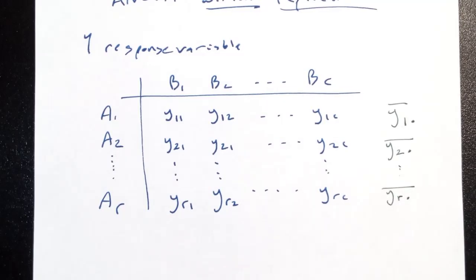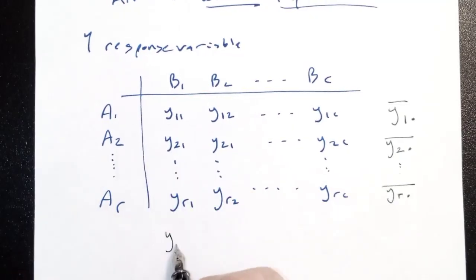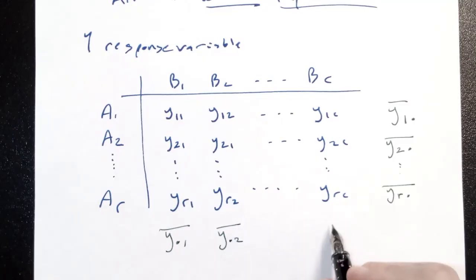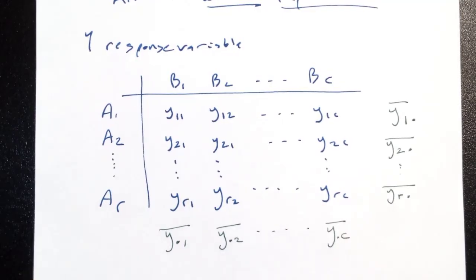If I go down the columns, I'm going to get Y dot 1 and Y dot 2, all the way down to Y dot C bars. If I average everything, there'll be a global grand average. So I have row means where the dot is in the second subscript. I have column means where the dot's in the first subscript.